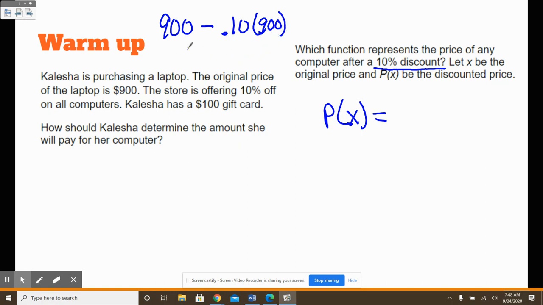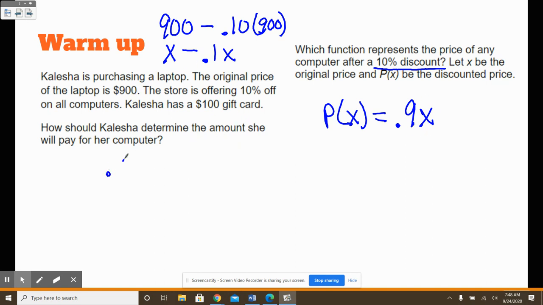If that was what you were thinking, you would take the price of the computer, then subtract 0.1 times the price of that computer. But these are like terms, and you have 1x minus 0.1x. Actually, what you're doing is paying 90% of the cost. So you would take 90% of this, and then just subtract $100.